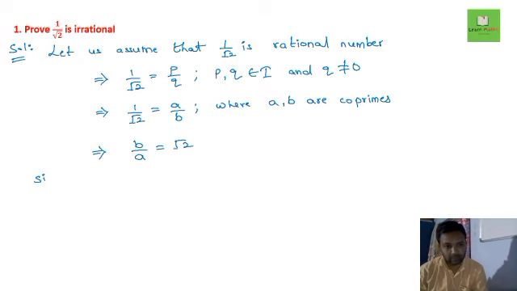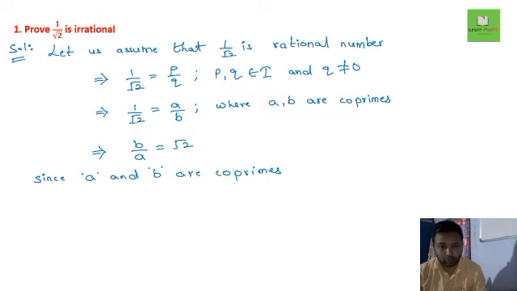Since a and b are co-primes, root 2 is rational.